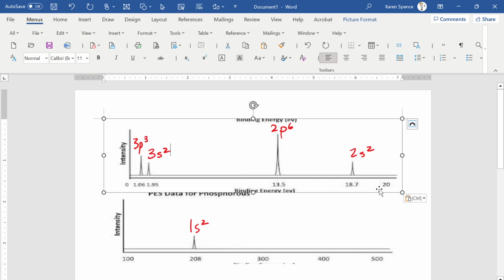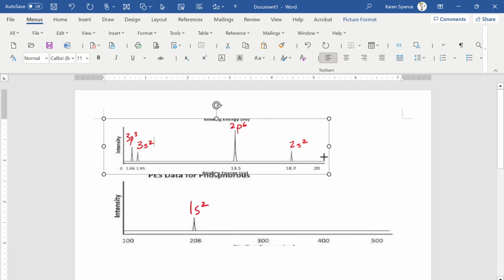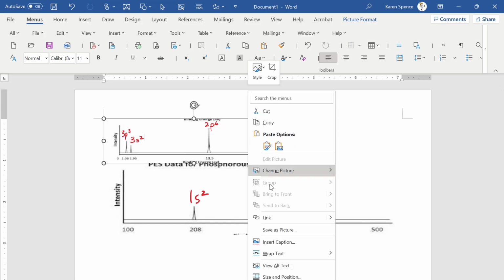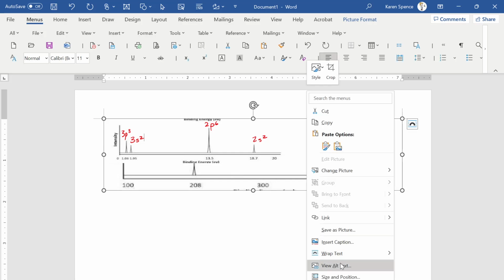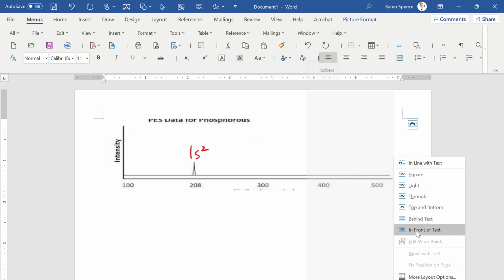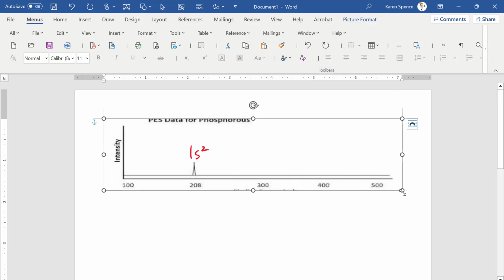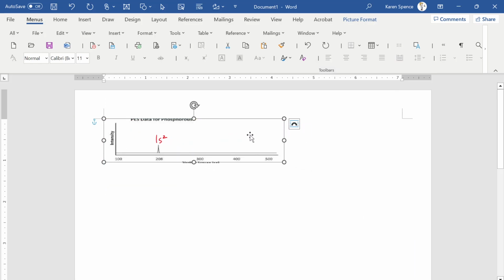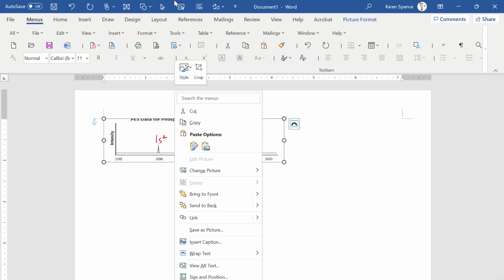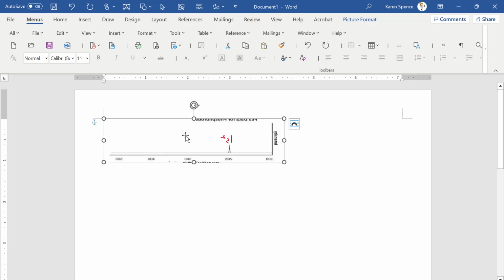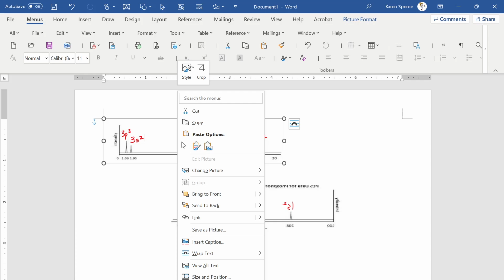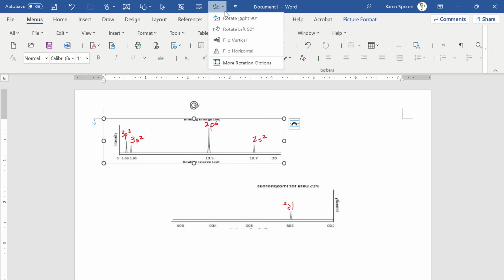We're going to make them both smaller. Wrap text in front of text. Make it smaller. There we go. And we're going to take this thing and we are going to flip horizontal. And we're going to take this one and flip horizontal.